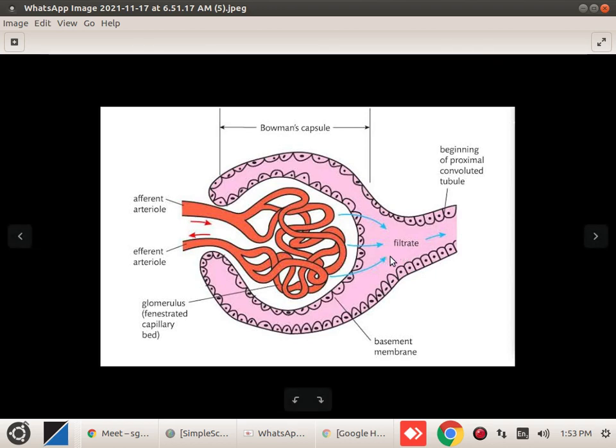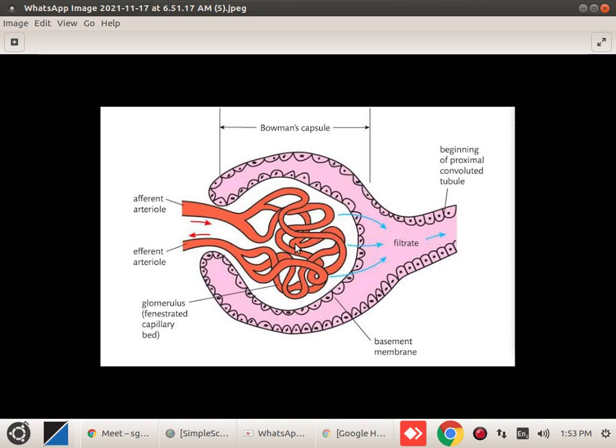You people will be amazed to know the fact that about 1.5 to 1.8 liters of urine we excrete daily, but the nephric filtrate which is forming inside the PCT is about 150 to 180 liters. Isn't it amazing? If you think, if we released 150 to 180 liters, then what would remain in our body?